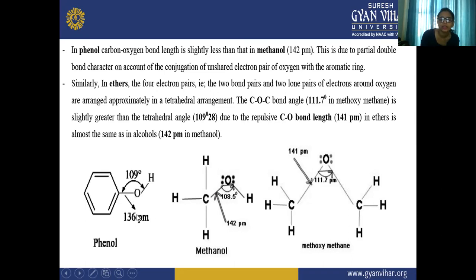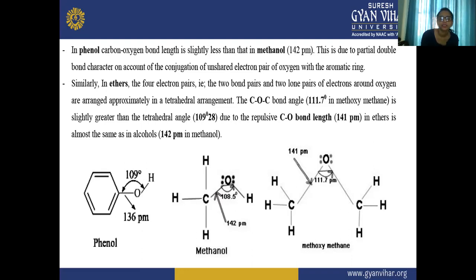So it is slightly less than methanol, and this is due to the partial double bond character on account of the conjugation of the unshared electron pair of oxygen with the aromatic ring, due to which the bond length is 136 pm.